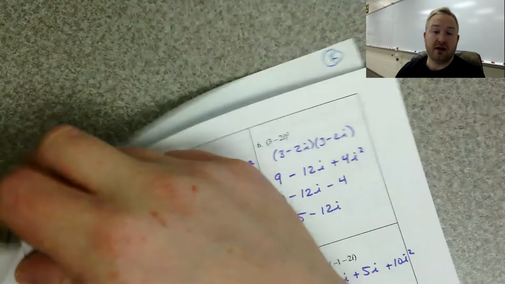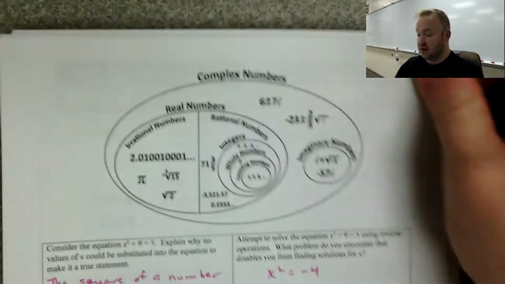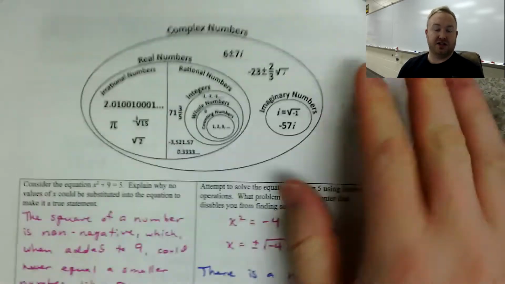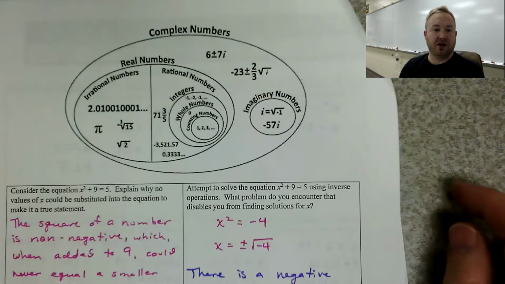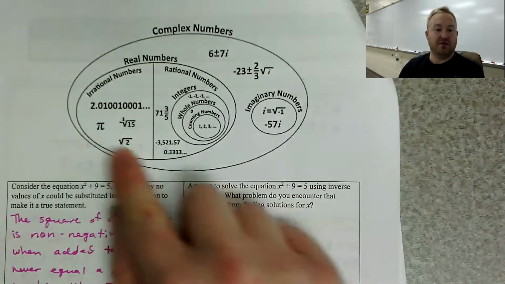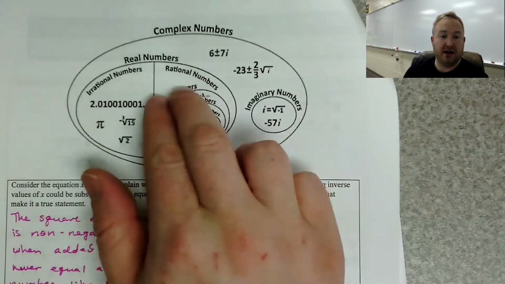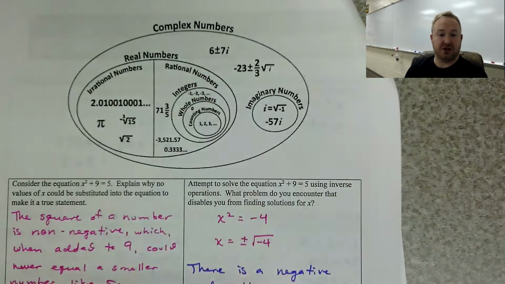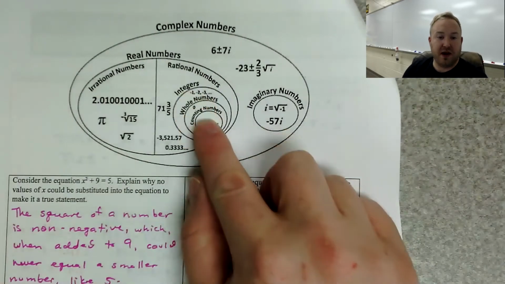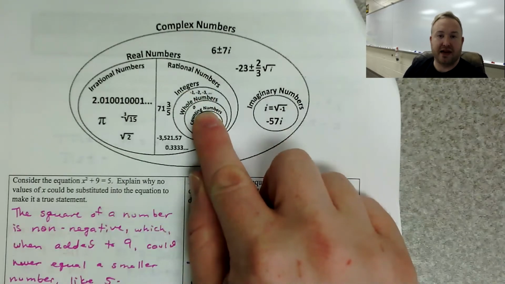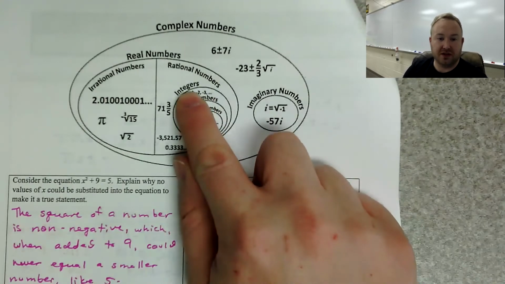Now, early on in the year, one of the first things that we did was to learn that there are numbers in the world that are not real numbers. Let's remind ourselves of those numbers that we called complex. If we start off by looking at real, the reals are separated into the rationals and the irrationals. Inside of the rationals, we have these other sets: the counting numbers are the natural numbers, the wholes and the integers.